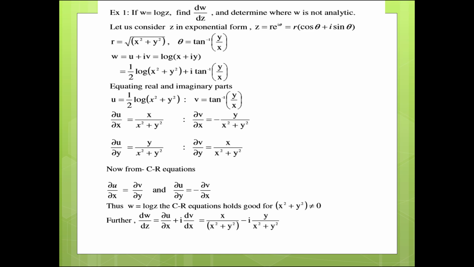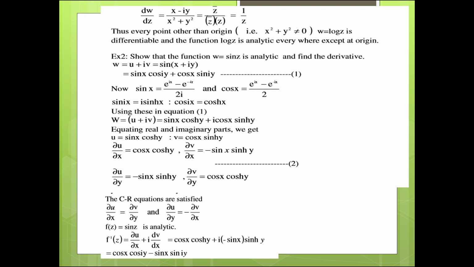Further, dw by dz equal to dou u by dou x plus i into dou v by dou x, that is also equal to x by x square plus y square minus i y by x square plus y square. Thus at every point other than the origin, that is x square plus y square not equal to 0, w equal to log z is differentiable and the function log z is analytic everywhere except at the origin.